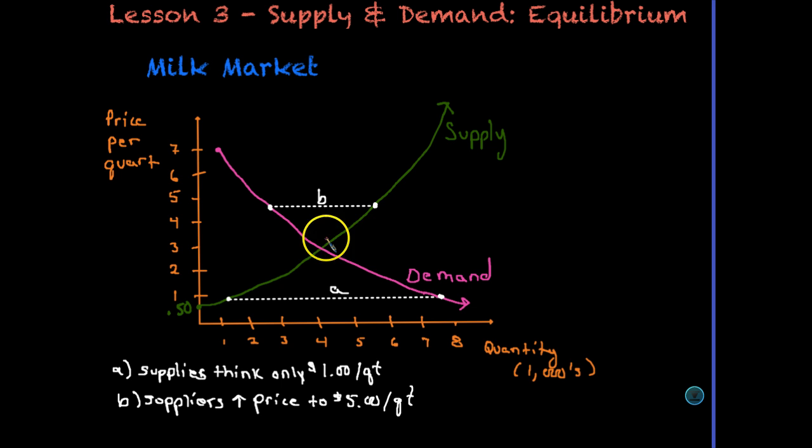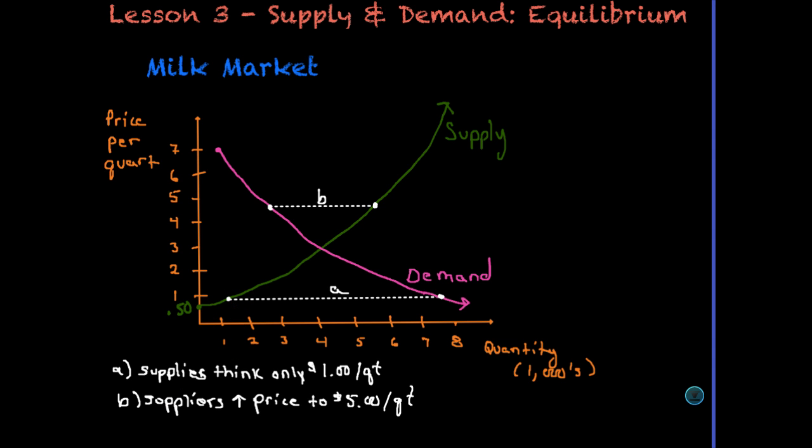So we're graphing these two together. Now let's look at scenario A. Let's say for whatever reason, the suppliers think that they're only going to get about $1 per quart for supplying their milk. I've plotted, here's your dollar right here, and that's a little over 1,000 quarts of milk. That's what we are supplying.